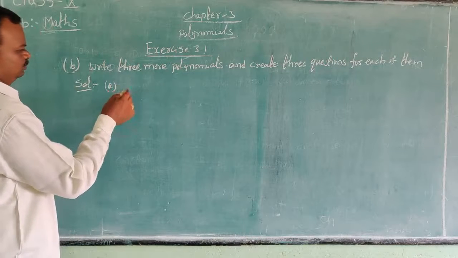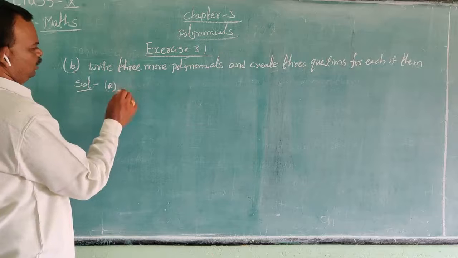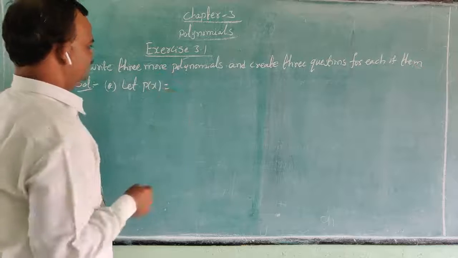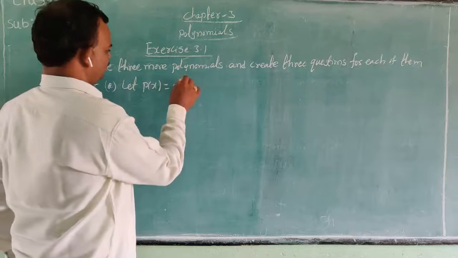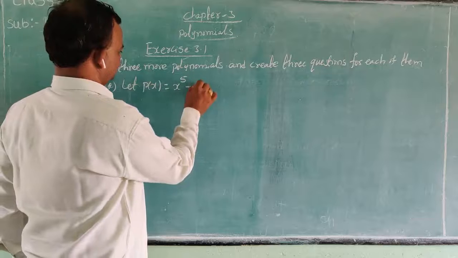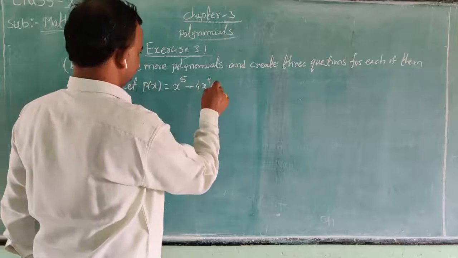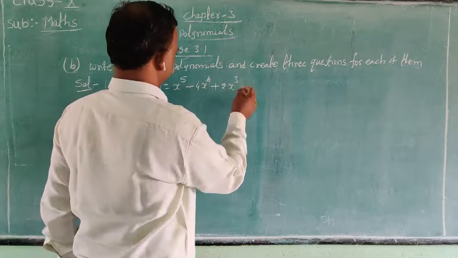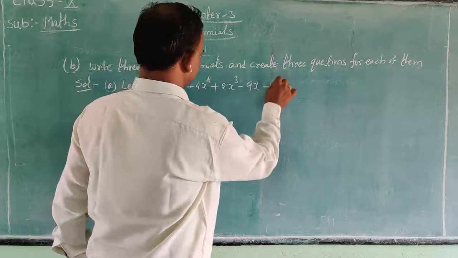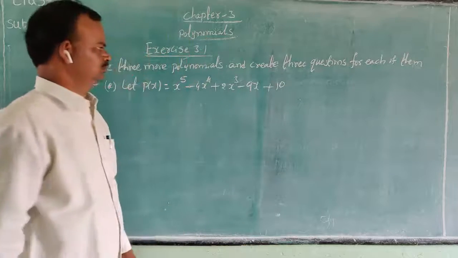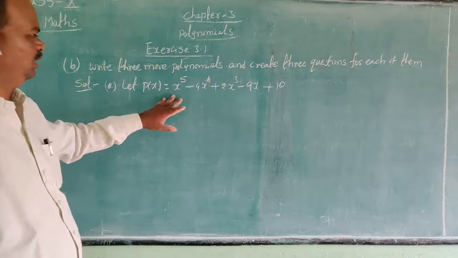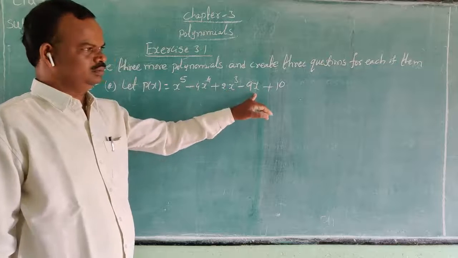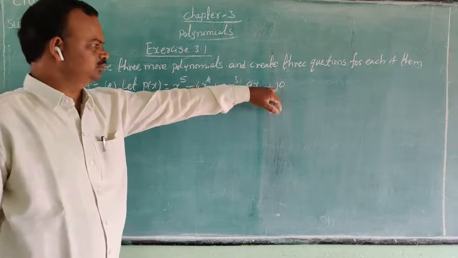Let P of x is equal to, we will write any polynomial, x power 5 minus 4x power 4 plus 2x cube minus 9x plus 10. Here P of x is equal to x power 5 minus 4x power 4 plus 2x cube minus 9x plus 10.